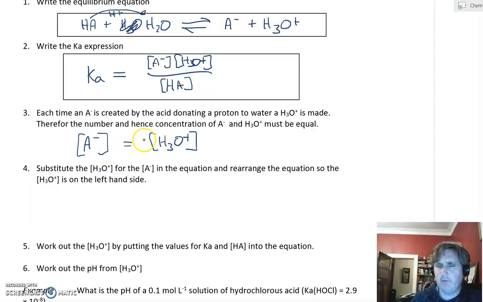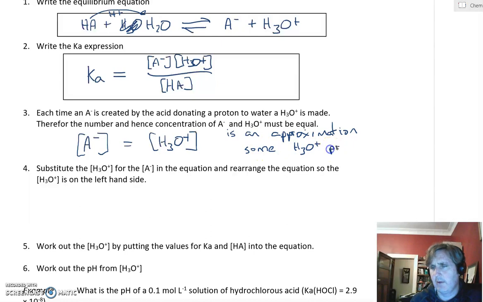Now we have to remember here that this is an approximation. Why is it an approximation? The reason is that there was actually some H3O plus present initially. Because remember, a water molecule will react with another water molecule, with the equilibrium constant of water, Kw, to produce H3O plus and OH minus.